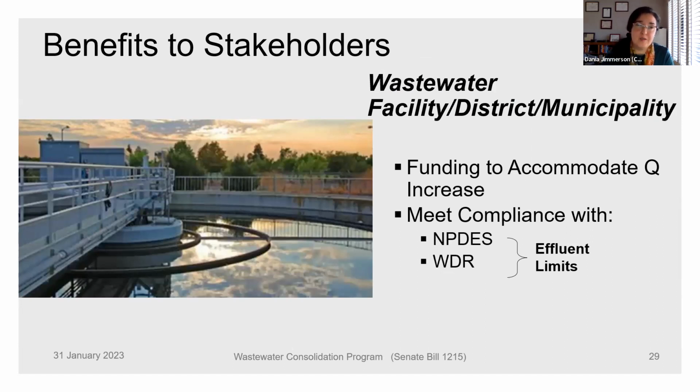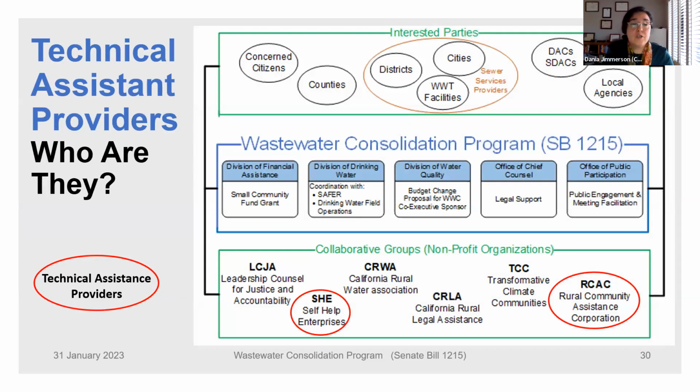We don't have incentives per se for sewer service providers, but there are some benefits, in the sense that if they are struggling to meet compliance with their current permits and requirements, perhaps some of the grant funding could help them complete the necessary wastewater treatment upgrades so they can provide sewer services to the community.